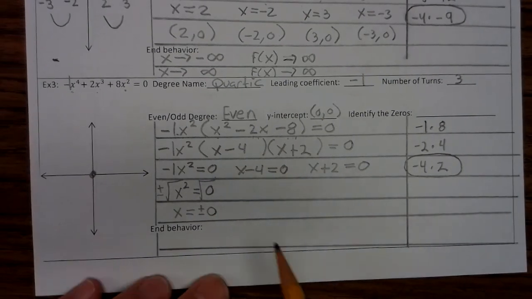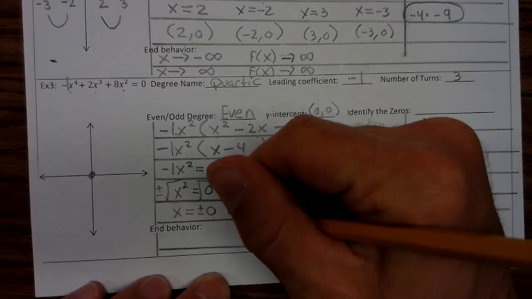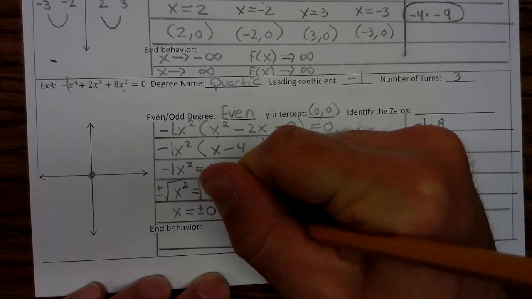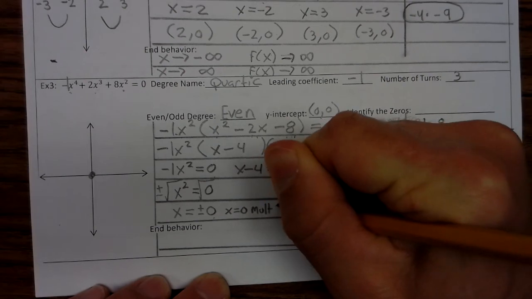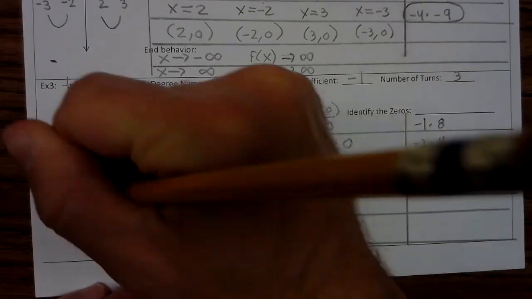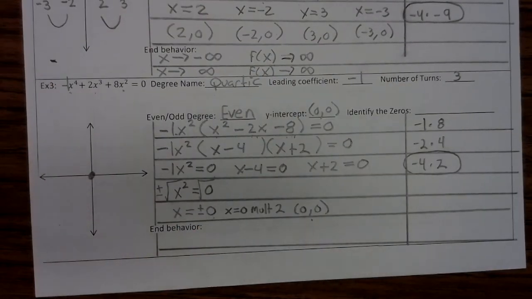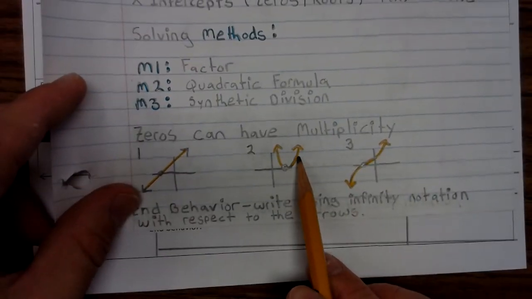Technically, that means you have two zeros. So you have x equals 0 with multiplicity of 2, and your point is (0, 0). That's relevant because, as in our notes, when you have multiplicity of 2, it touches and turns.